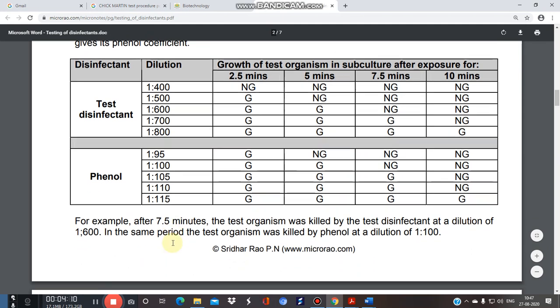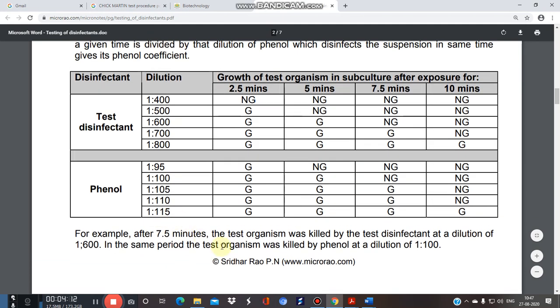See this, after 7.5 minutes the test organism was killed by the test disinfectant. Let's see this line. After 7.5 minutes, yes, the test organism, that is Salmonella typhi, was killed by the test disinfectant. Let's see if it is right or not.